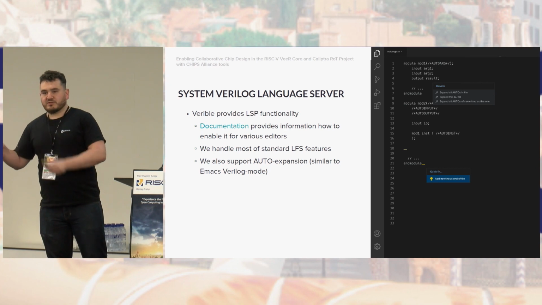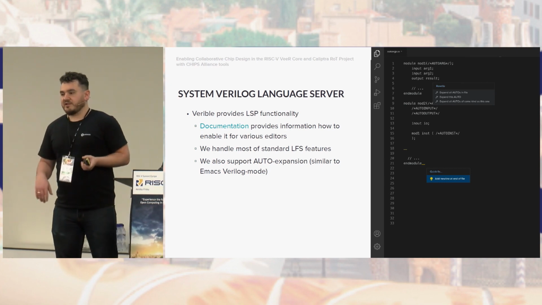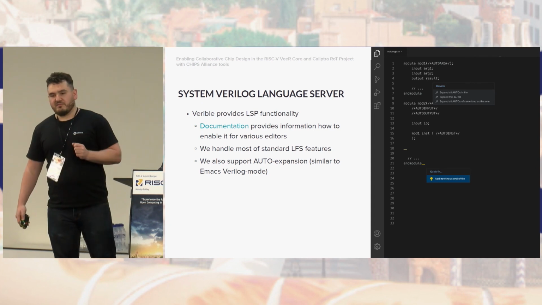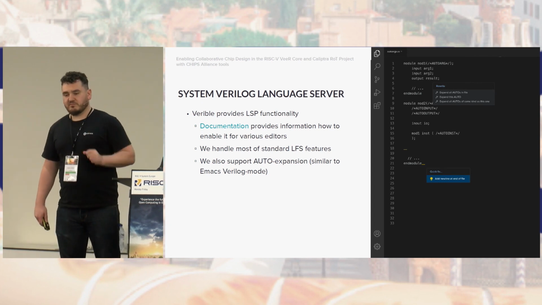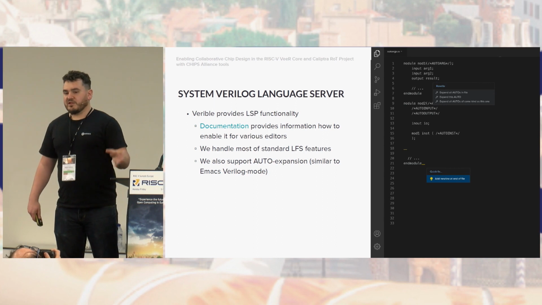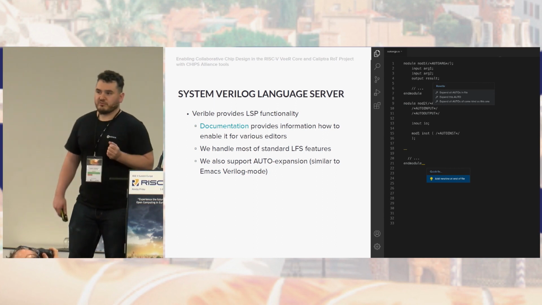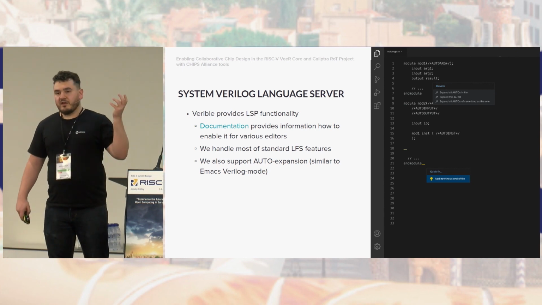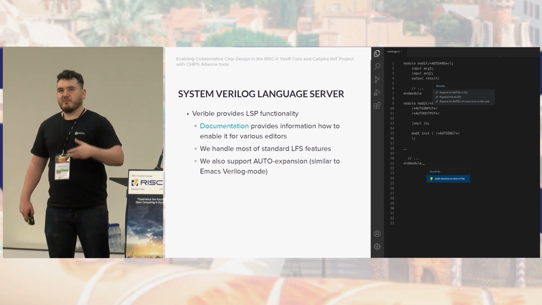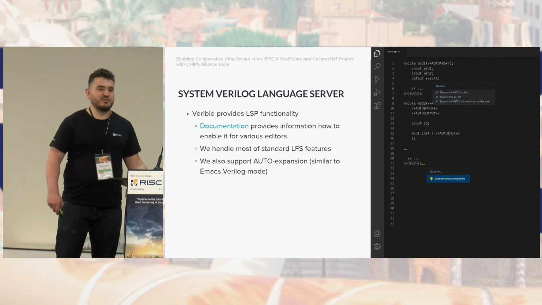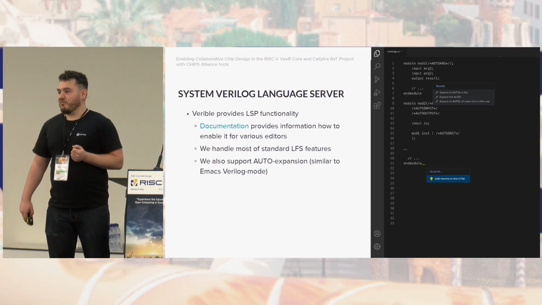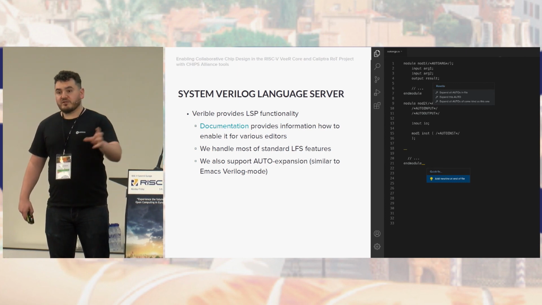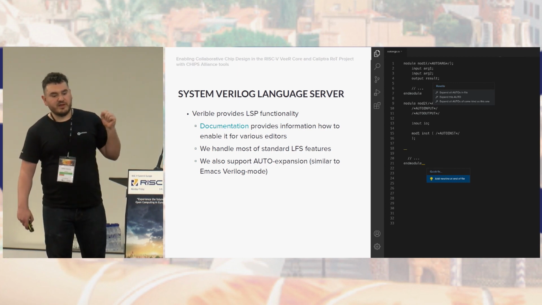So all those cool features that you know from C++, Rust, Python, programming languages, you can have them in SystemVerilog. It's super easy to use. We have documentation saying how to integrate that with your editor of choice. If there is nothing about your editor, please file an issue or even open a pull request with information on how to add it.